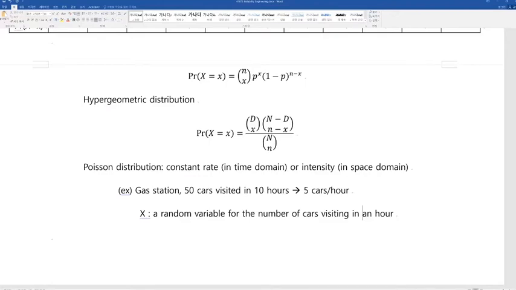Maybe less than 5 cars, maybe 4 cars may visit the gas station, or 3, 2, or even no car visited at all for just 1 hour of time period. So it all has some probability distribution.